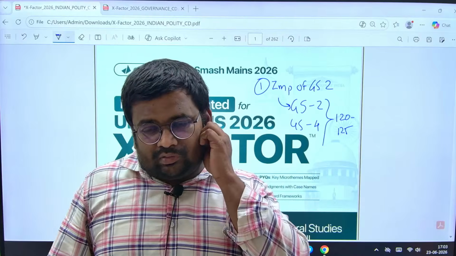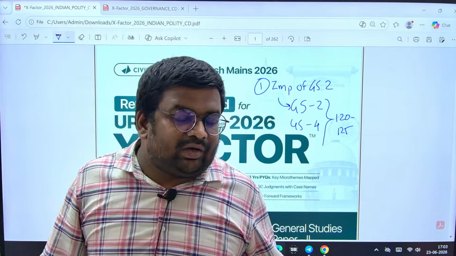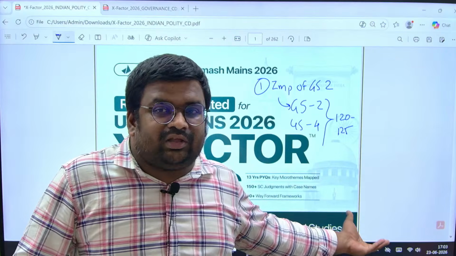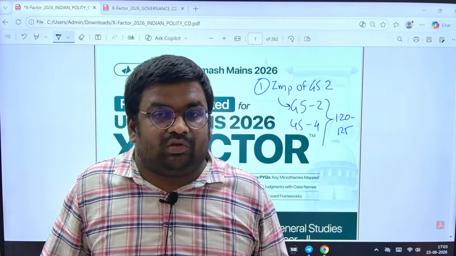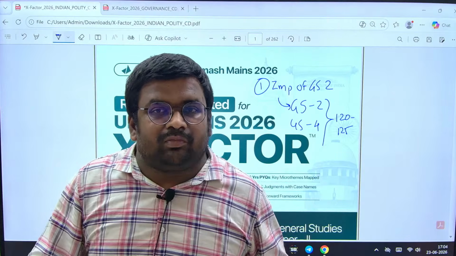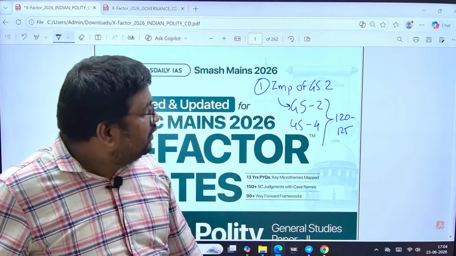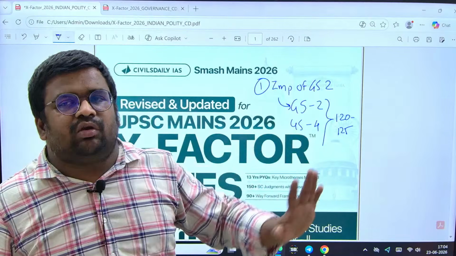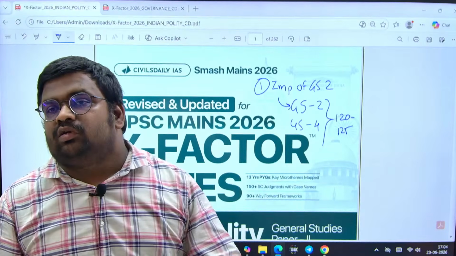Less than 10 people have crossed the 110 to 120 benchmark in GS paper 1, and in GS paper 3 the maximum target you can keep is 105 to 110. We don't keep a target of 120 in GS paper 3, but in GS paper 2 and ethics, the majority of toppers in the top 50 ranks have crossed 120 marks.